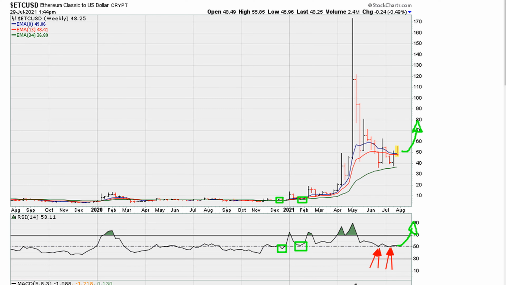So we got the daily suggesting there's resistance and pointing down. The weekly suggesting that there's support and pointing higher. Hence, for sure, it's a complex scenario and helps explain why it gets very confusing in the market.